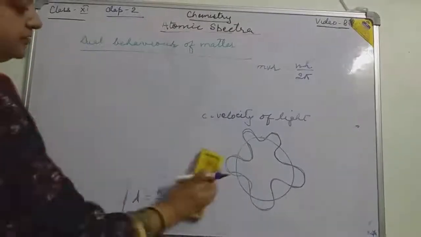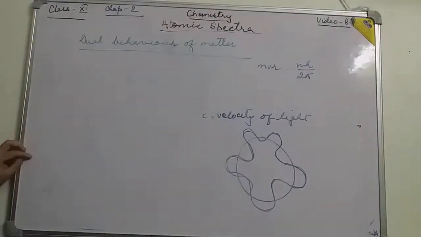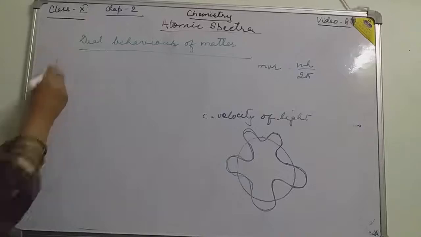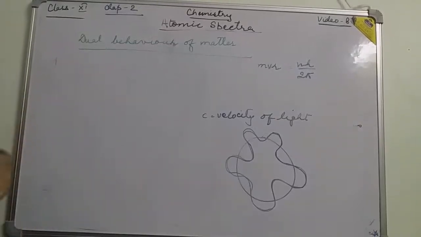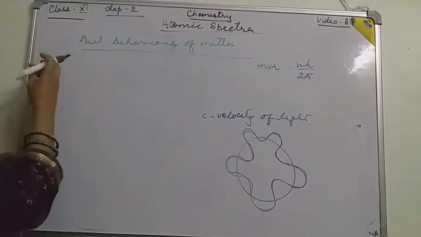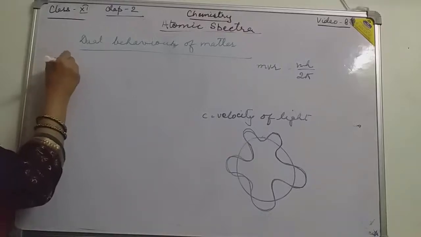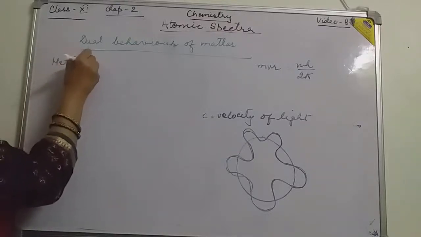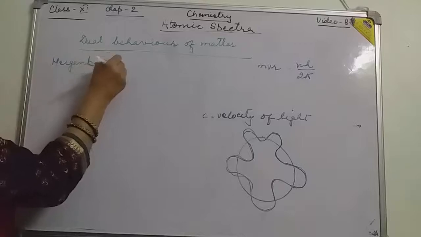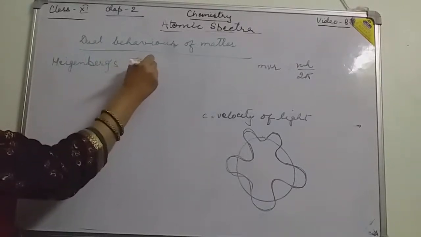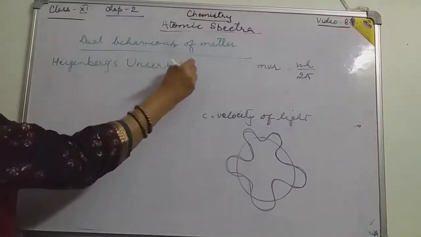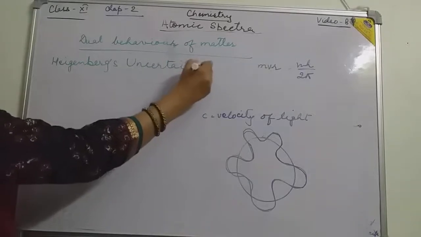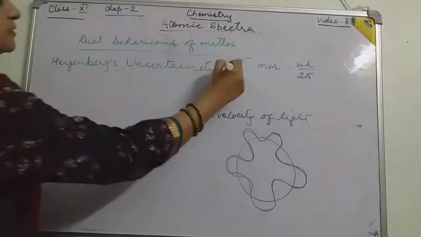So the next is Heisenberg's uncertainty principle.